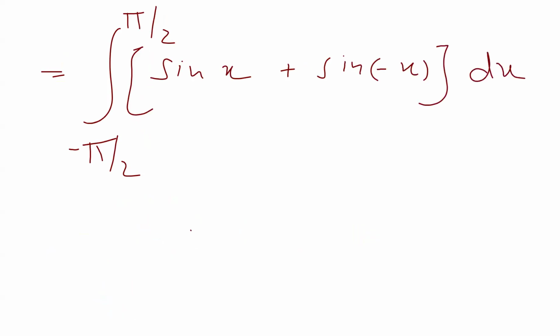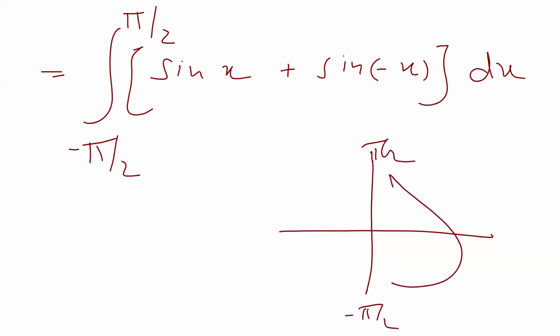Here we'll try and understand few things. Now our interval is from negative pi by 2 to pi by 2. So from here to here. Now in the first quadrant, sine is always positive. So it is going to be sin x dx from 0 to pi by 2.